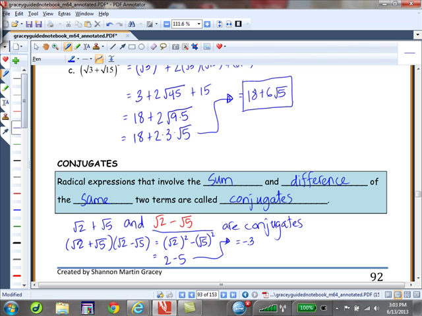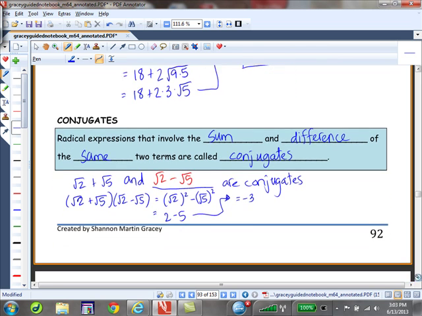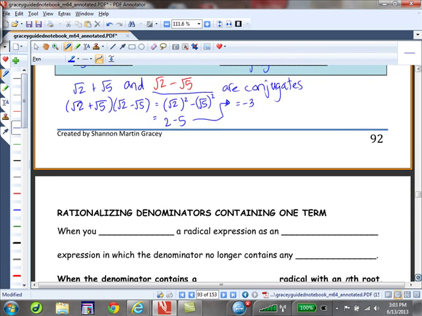So the beauty of this is that when you generate a difference of squares situation, it gets rid of all the radicals, right? So we will do that when we're looking to rationalize either a denominator or a numerator.